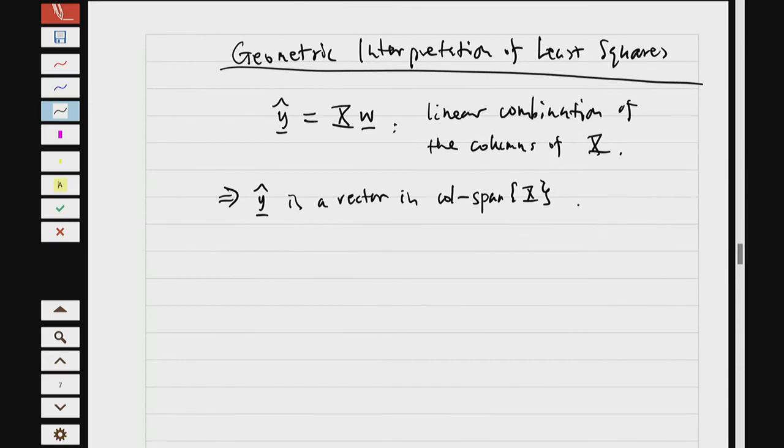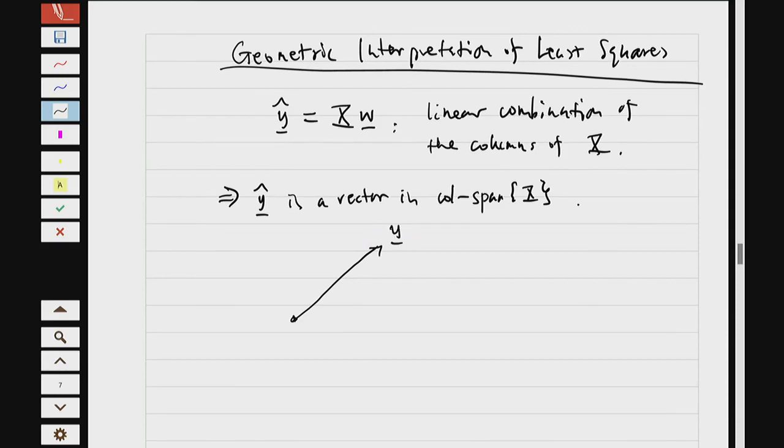So you're looking for this point in the column span of X, and you hope that this point is as close to the original y, the original true labels, as possible. So we're going to view this y hat as a point in space, and y as another point somewhere. We have the original known vector, which is the labels that you have in your training data.